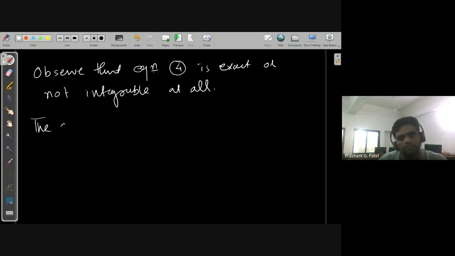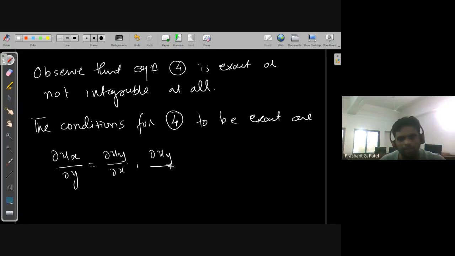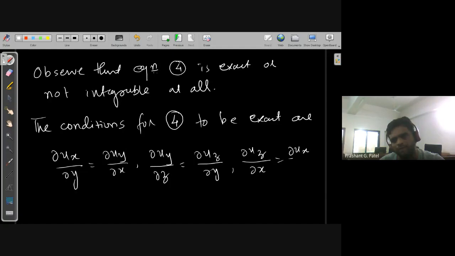The conditions for equation 4 to be exact are del ux upon del y is equal to del uy upon del x, so these two quantities are the same; del uy upon del z is equal to del uz upon del y; del uz upon del x is equal to del ux upon del z.